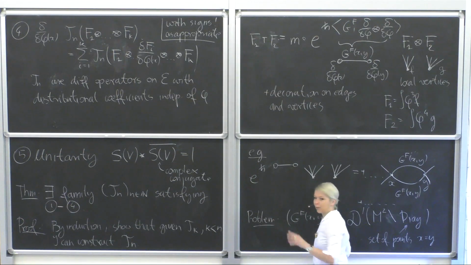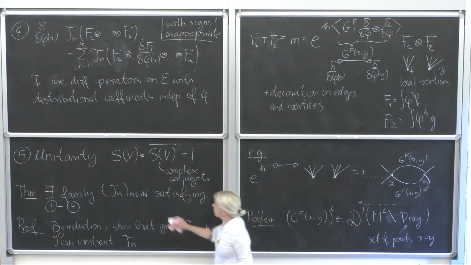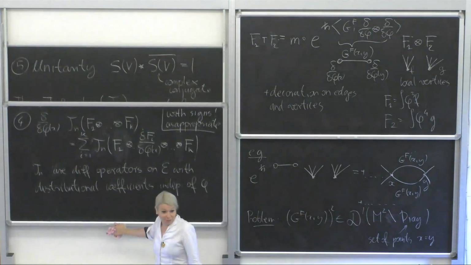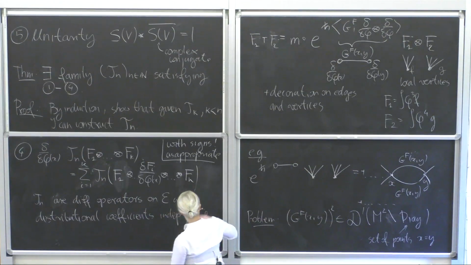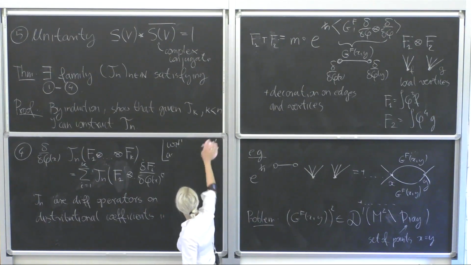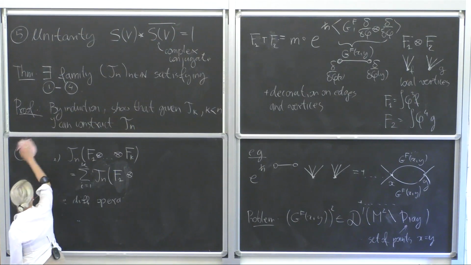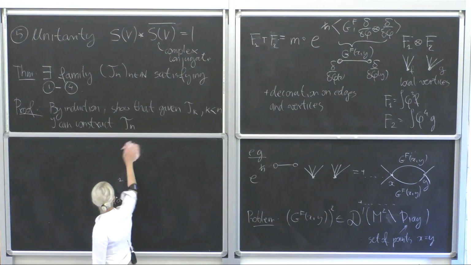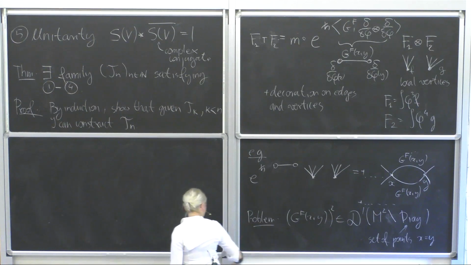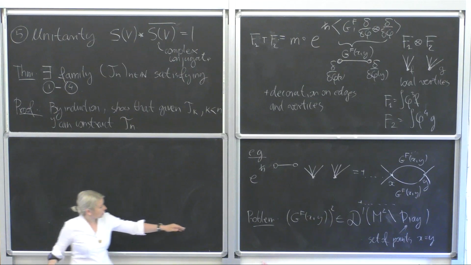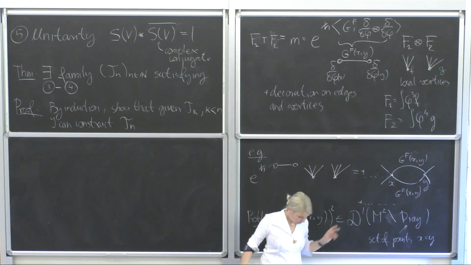They were not very constructive people, so they actually showed existence. Nowadays, we do a bit more computation, so you probably want to get a number. Okay, so how to construct this extension?